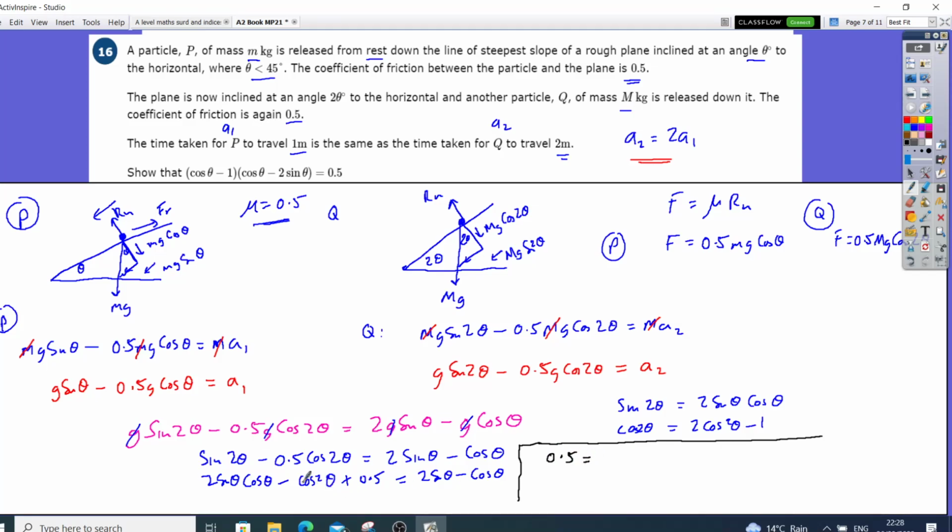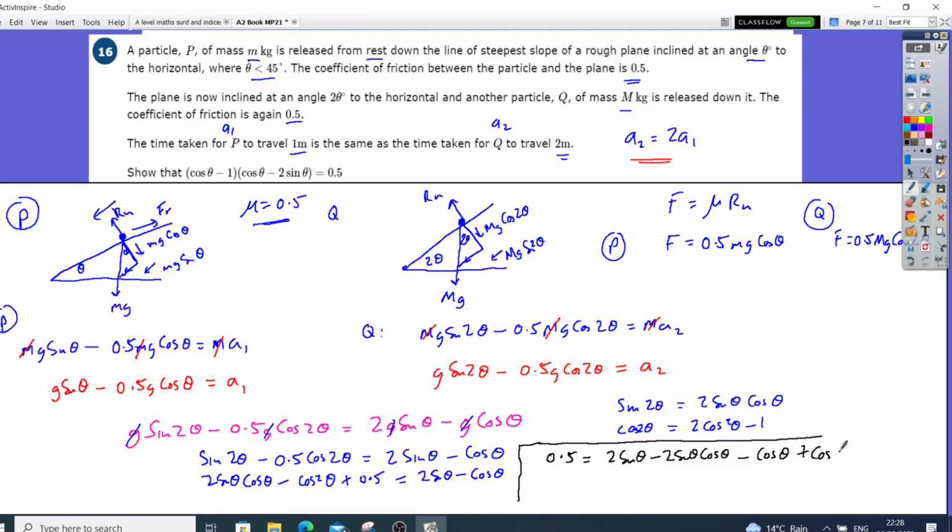If I bring that to the other side, I'm going to get 2 sine theta minus 2 sine theta cos theta, and then this is a minus cos theta, and I'm going to take that to the other side, which is going to give me a plus cos squared theta.